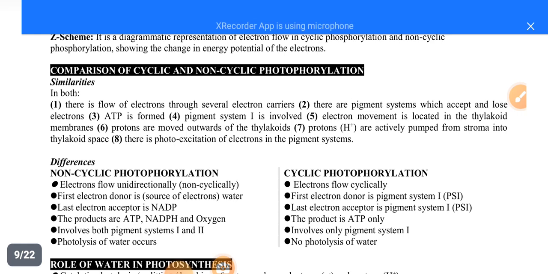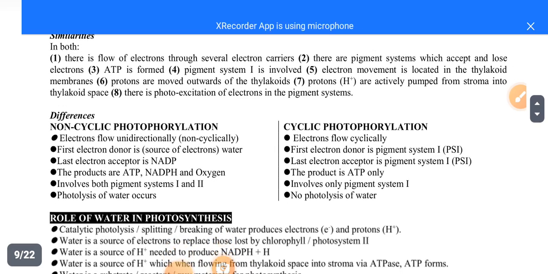I talked about this. The number 8, we are saying that in both there is photo excitation of electrons in the pigment system. That has been our similarities, and we have given you almost 8 similarities. Now we can go to differences.